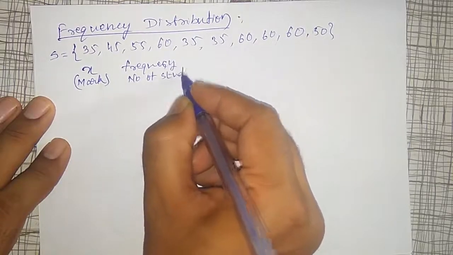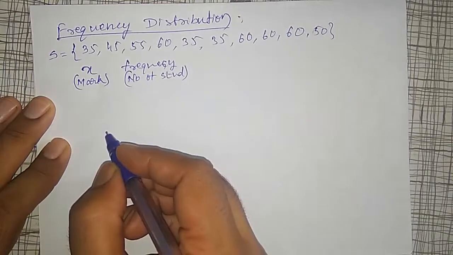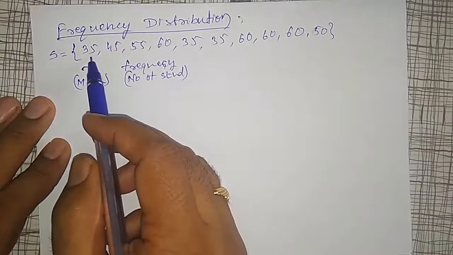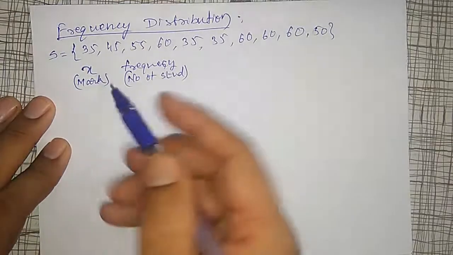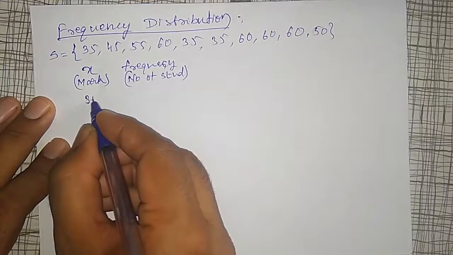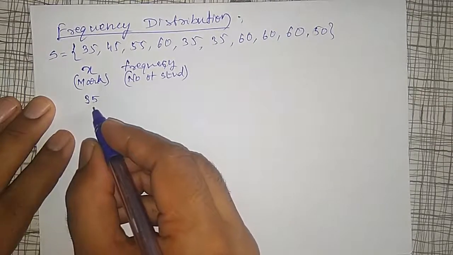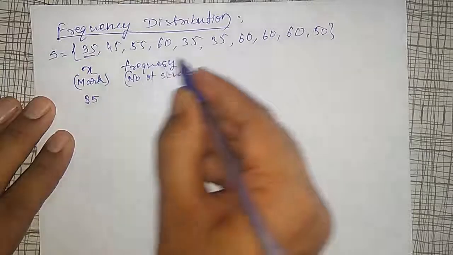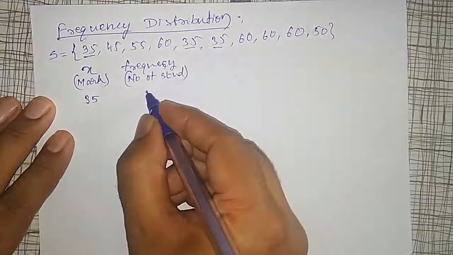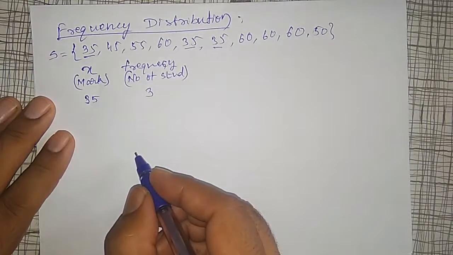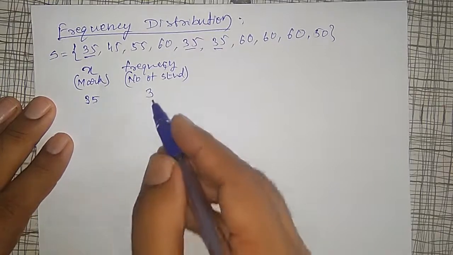The marks range from 35 to 60. How many students are getting 35? Total 3 students, and that is known as your frequency.